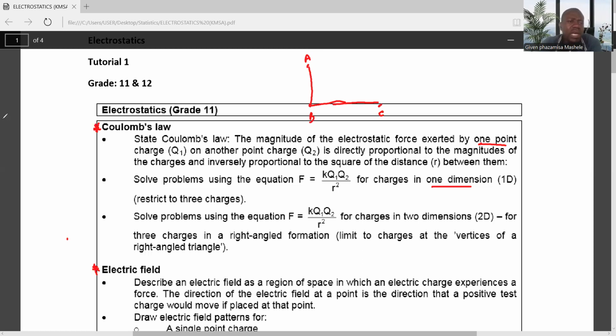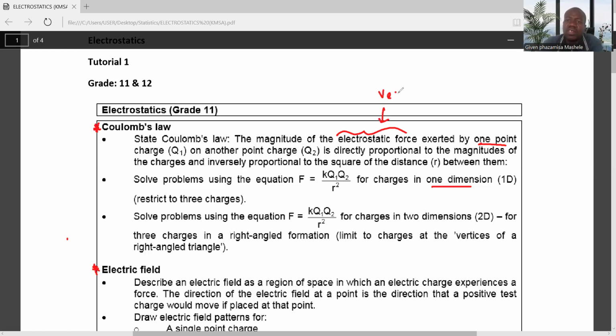And one other thing you need to know is that since we are dealing with electrostatic force, remember, it's a vector, like other kinds of forces that we will learn in Newton's laws, like the frictional force, the applied force, the tensions. These are also vectors.